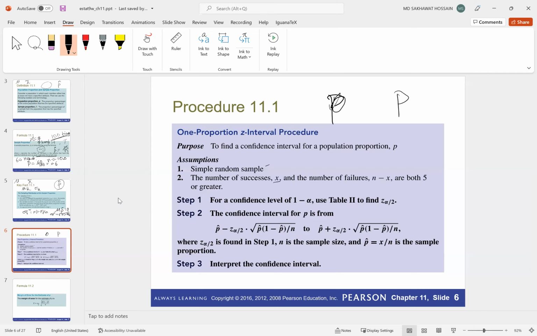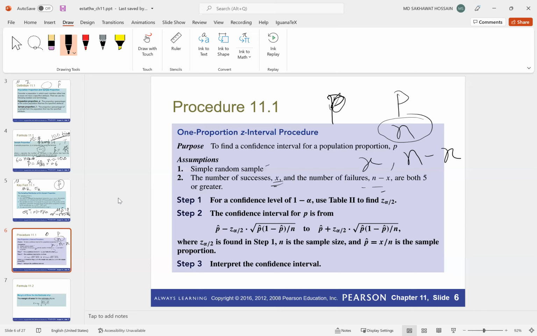Here the number of successes is X, and the number of failures is N minus X. For example, if we toss a coin 100 times and want to know the proportion of getting heads, then the number of successes will be the number of heads, denoted by X. If N is the total number of observations and X is the number of successes, then the rest of the outcomes are failures, which means N minus X.